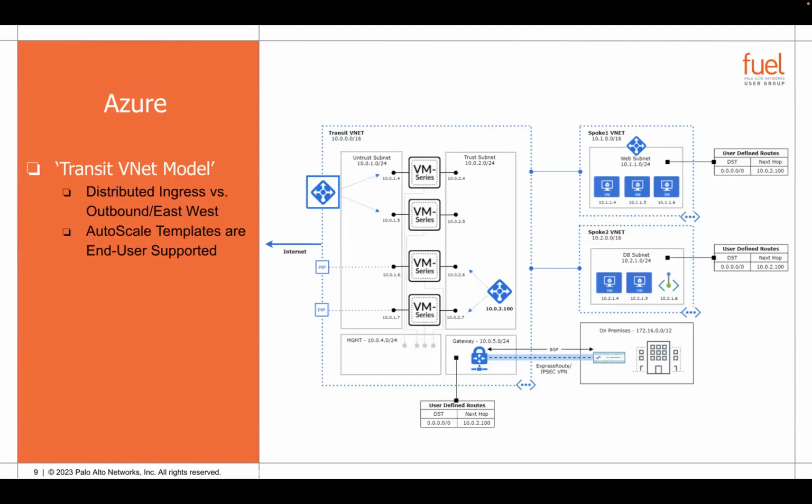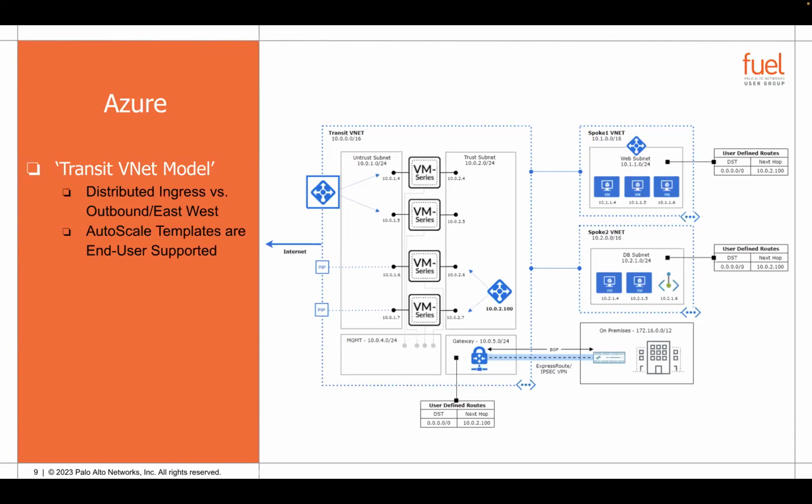Obviously, there are some dependencies for this. Today we've got Panorama orchestrated templates for both Azure and AWS. I've got some news coming about GCP, but today it's Azure and AWS.